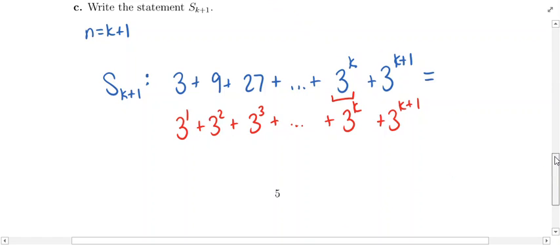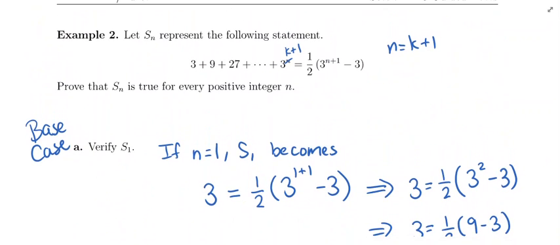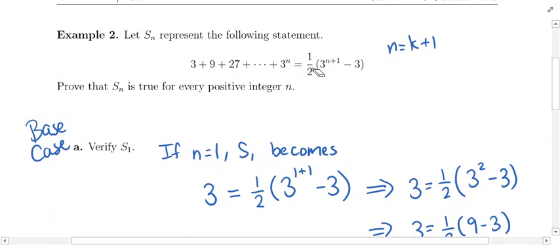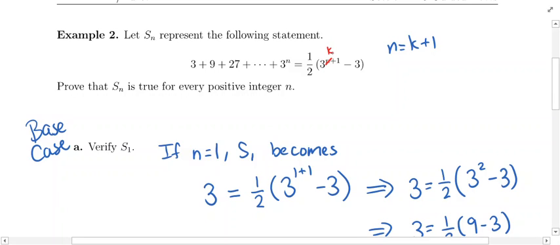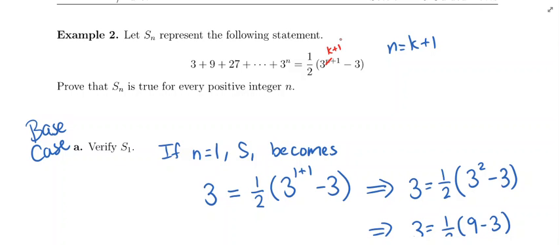Okay, well, if we go back up to our generic statement up here, again, we are just going to replace n with k plus 1. On the right side, you don't have to specifically show anything, just replace n with k plus 1.